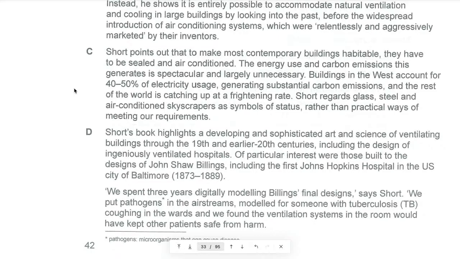This building is set up like, open the window, like seal, like close the door. Yeah, kind of. Short points out. We can simply say Short says that, or Short thinks what, or Short tries to convince people of what: that to make most contemporary buildings habitable. That means to make the most modern buildings able to be lived in.